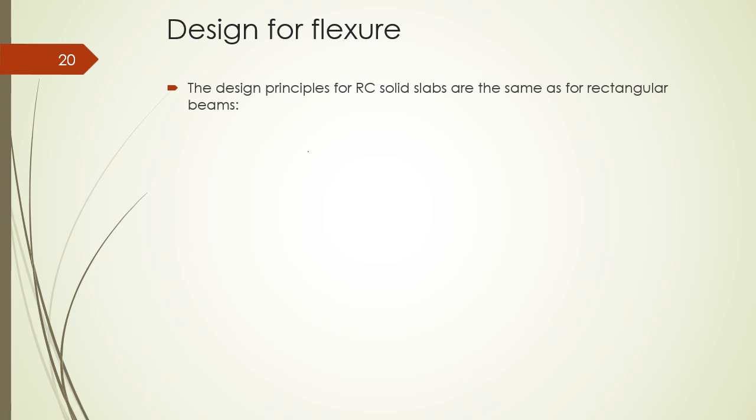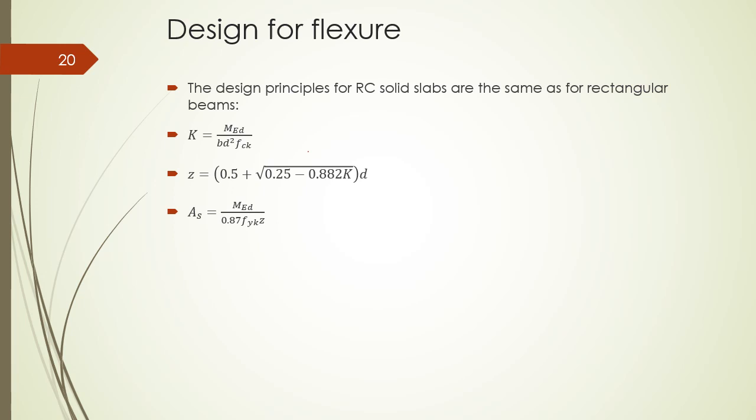Once the moments are computed, then one will find that the design principles for RC solid slabs are the same as for rectangular beams. First, one will need to calculate K, followed by Z, which is the lever arm between the resultant compressive force and the resultant tensile force in the concrete cross section.